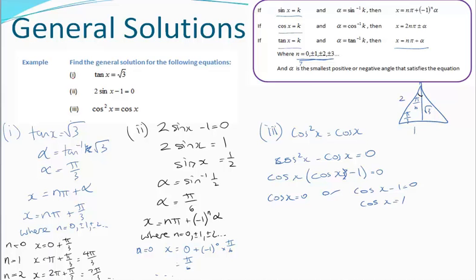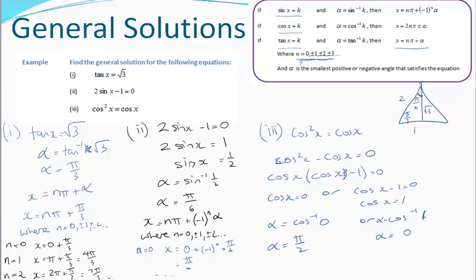So here we have alpha is equal to cosine minus 1 of 0, or cosine minus 1, sorry, of 1. When x is pi on 2, cosine of that is equal to 0. So here alpha is equal to pi on 2, and here alpha is equal to 0.